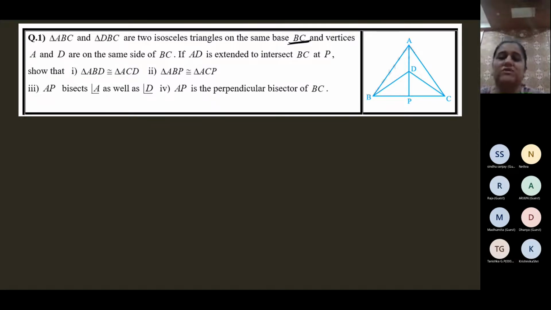So that is what is given further. And vertices A and D are on the same side of BC. Because you know that the triangles can be on the opposite sides of the common base or on the same side of the common base. So it's very clearly given here that the triangles are on the same side of the common base.